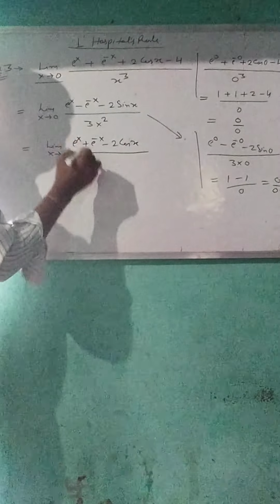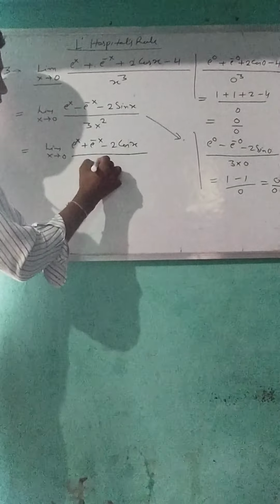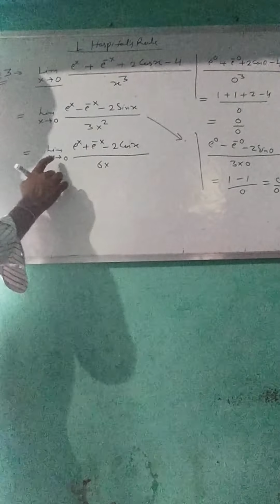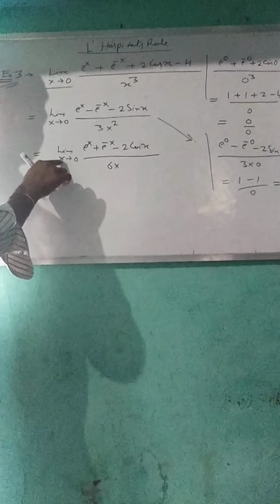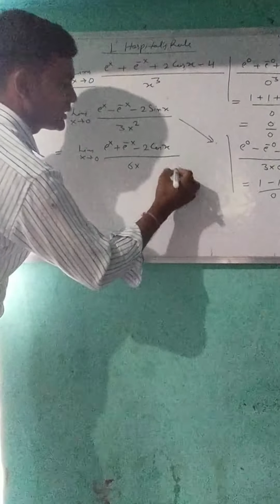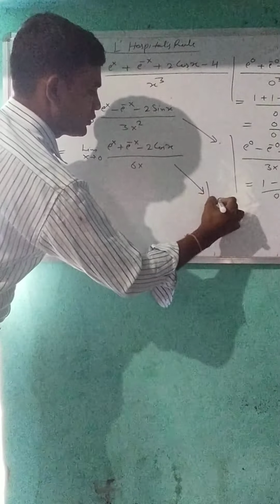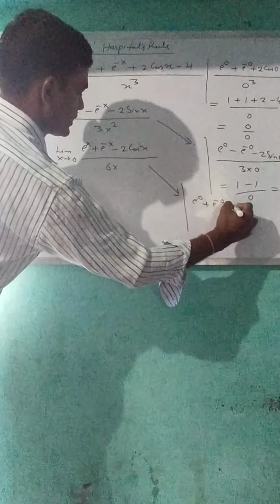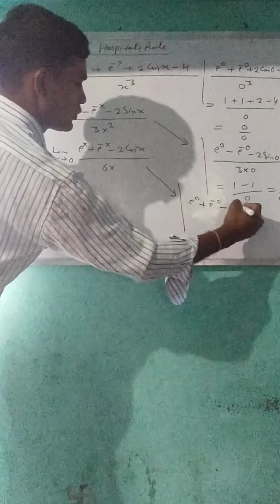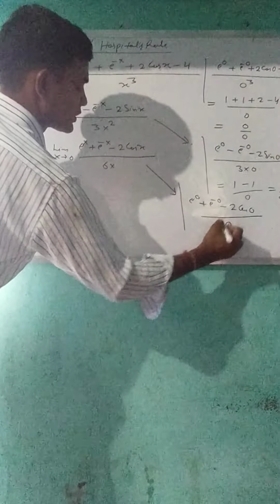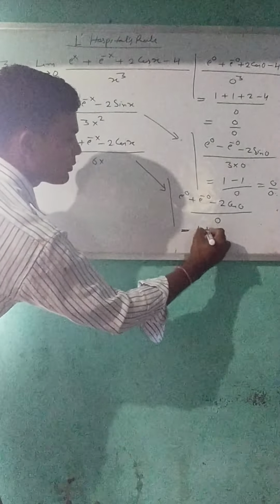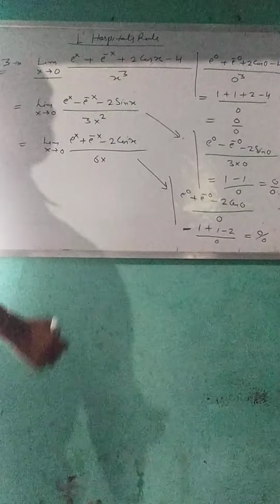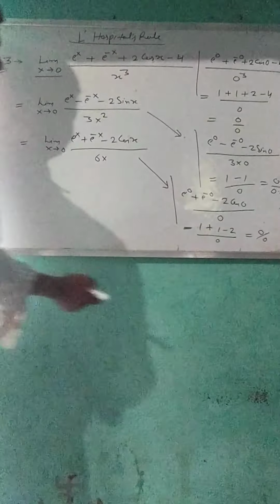In the denominator we have 3 into 2, which is 6x. Again applying x tends to 0 in this function, the limit is e to the power 0 plus e to the power minus 0 minus 2 into cos 0 upon 0. In the numerator we have 1 plus 1 minus 2 upon 0. Again it is 0 upon 0. Again we have the indeterminate form 0 upon 0.